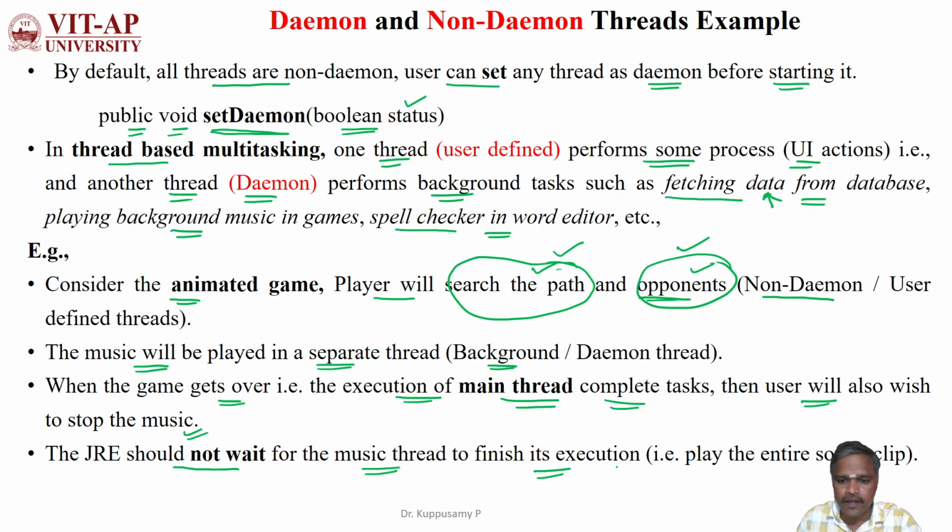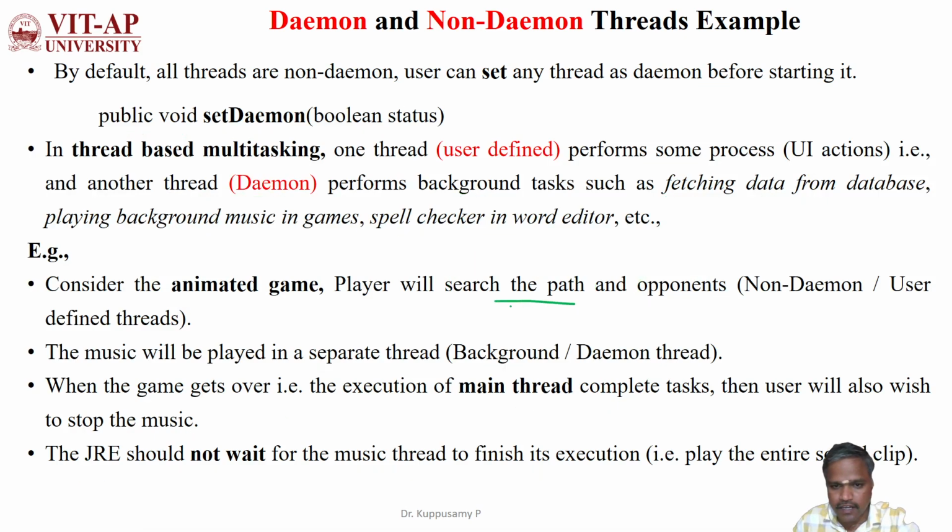So here the Java runtime environment need not wait for that entire sound clip, because it is a daemon thread running in the background. Here the front end has non-daemon threads, which are searching the path and searching the opponents; these are non-daemon threads or user defined threads.